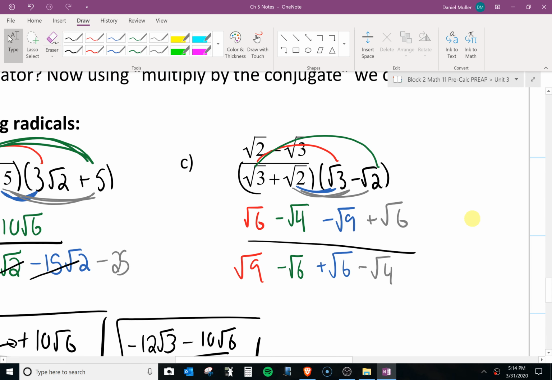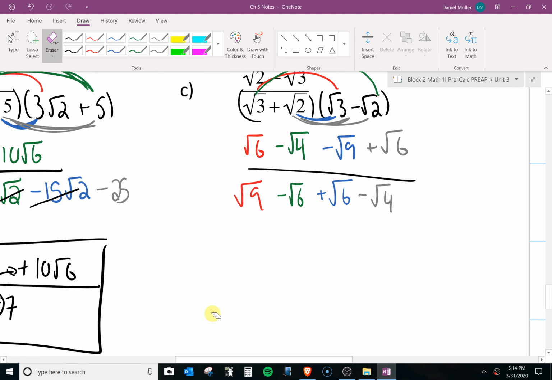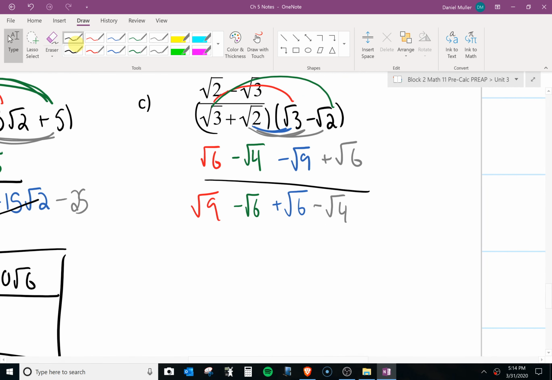Okay, so now we're going to have to simplify this. Well, I've got a root 6 on the top and another root 6 on the top. If I have one root 6, and another 1 root 6, together I'd have 2 root 6's. Then I have minus square root of 4. Square root of 4 is 2, so minus 2.